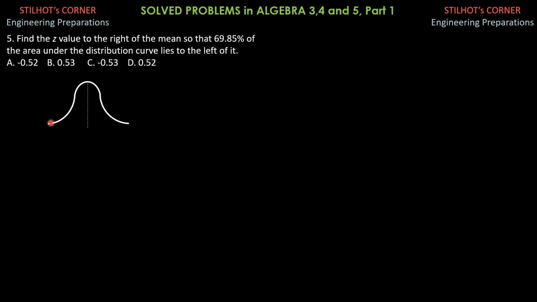So this is the guide, the drawing. That's the standard deviation, which is equal to 1 for this standard normal distribution. And this is the area. The total area here is 0.6985, and that's the z-score.